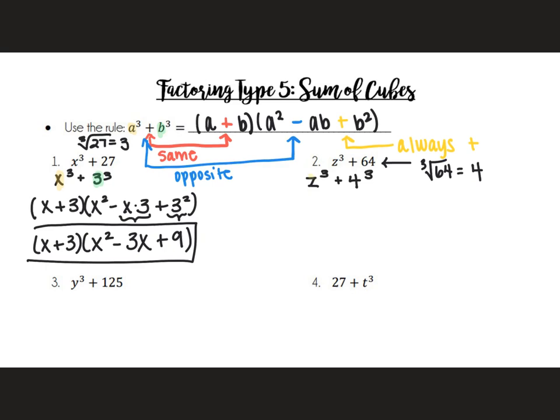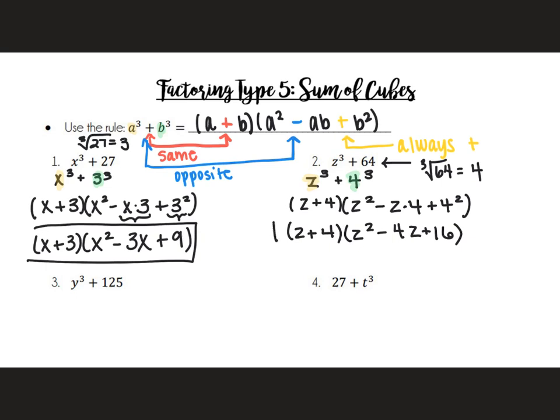Then I can see that z is a and 4 is b, and I can use that to plug it into my formula. So it would be z plus 4, z squared minus z times 4 plus 4 squared. Then again, I want to rewrite, so I have z plus 4, z squared minus 4 times z plus 16.